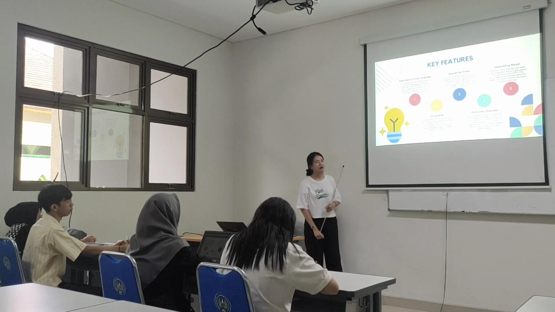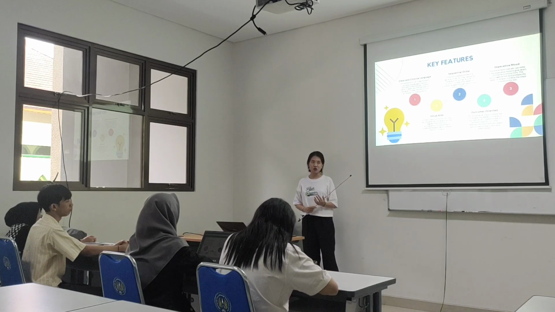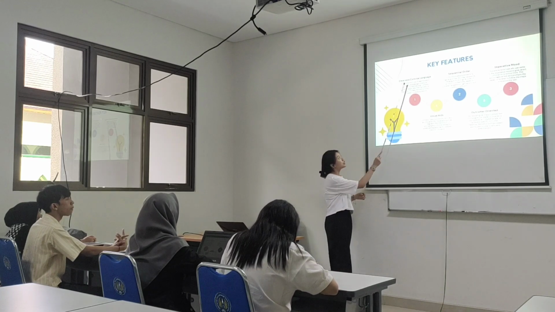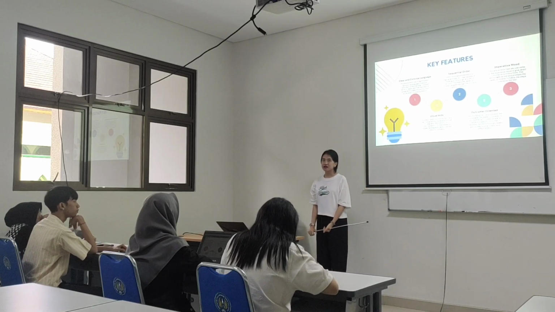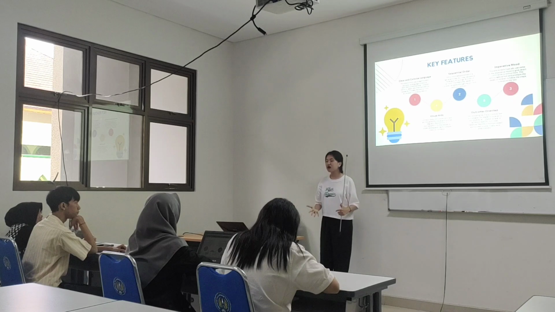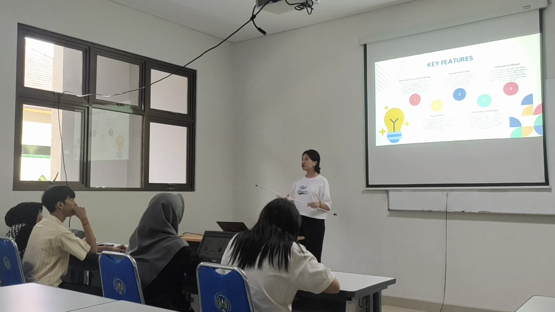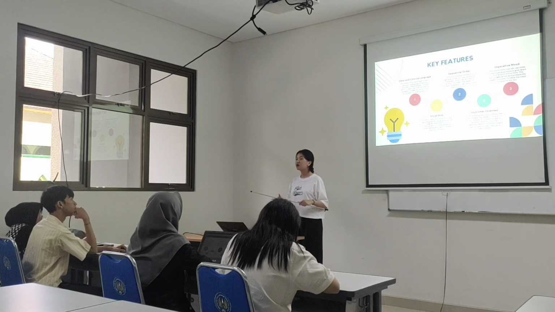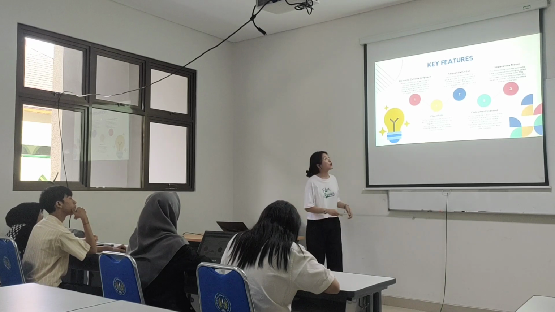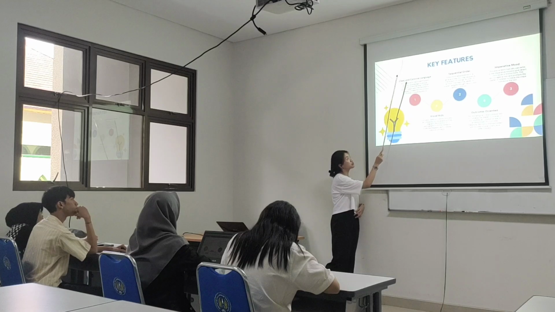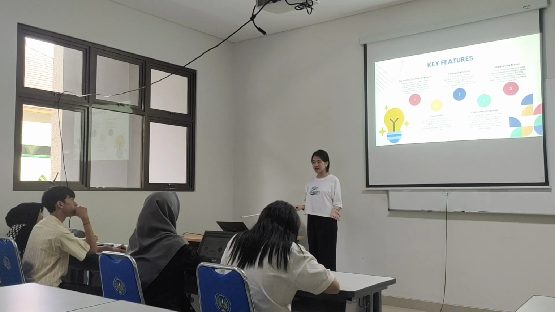So, I'm going to explain it more widely. The clear and concise language is very needed because we are the readers. We need to achieve our goals. To achieve our goals, we have to use clear and concise language so many people can understand.